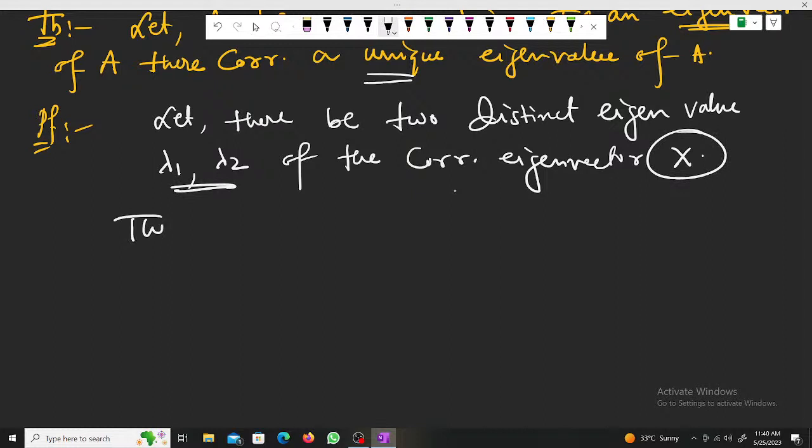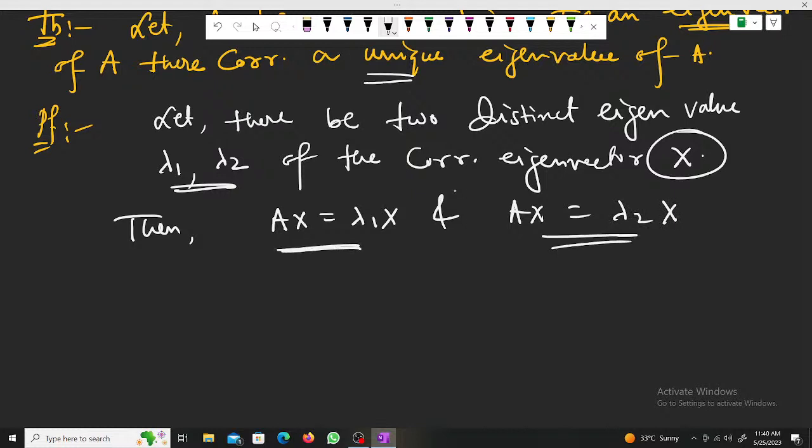Then by the definition of the eigenvector we can write Ax equal to λ1 into x and Ax equals to λ2 into x, by the definition of the eigenvector, right? Now this is Ax and this is x, both are equal, so we can write λ1x minus λ2x equals to null matrix.